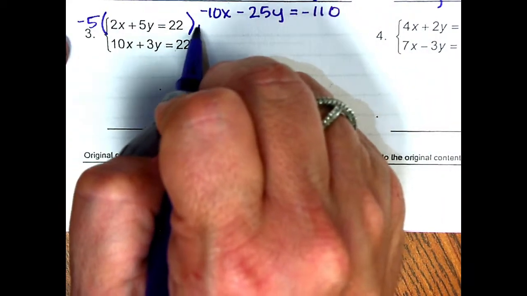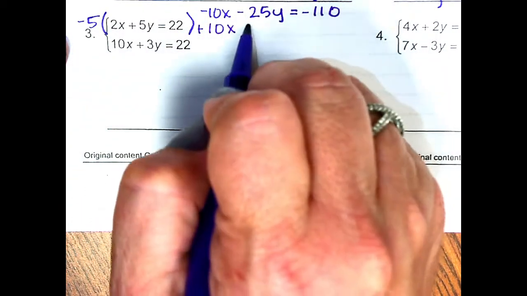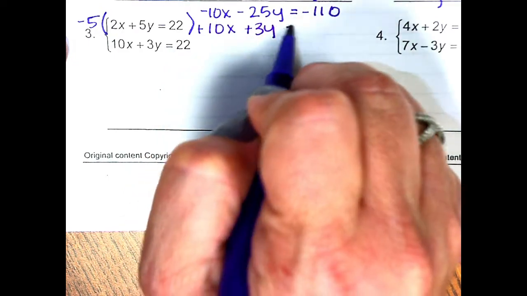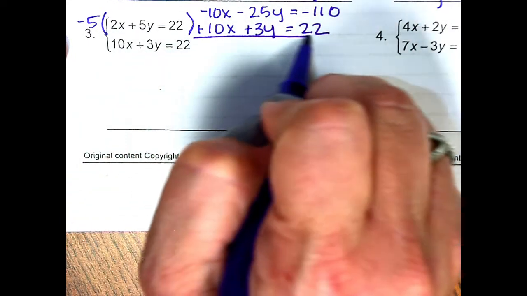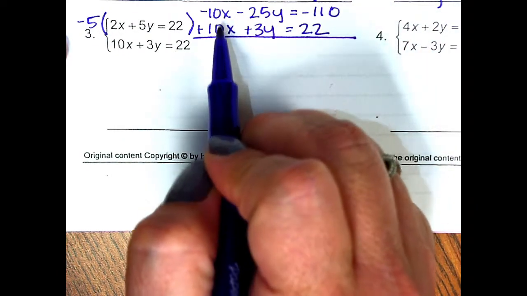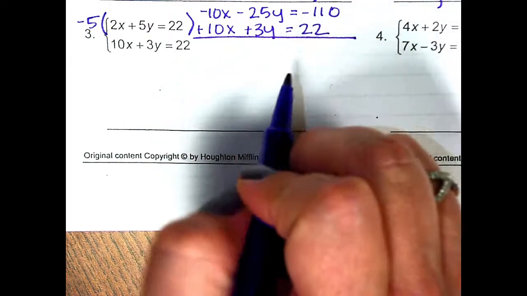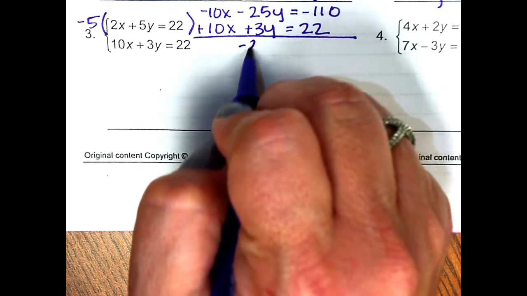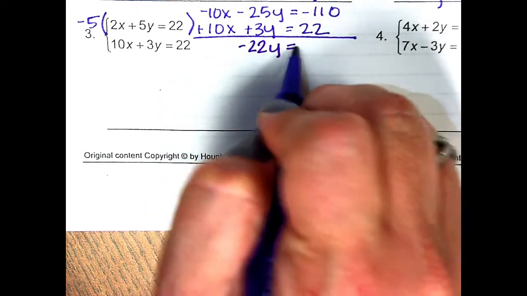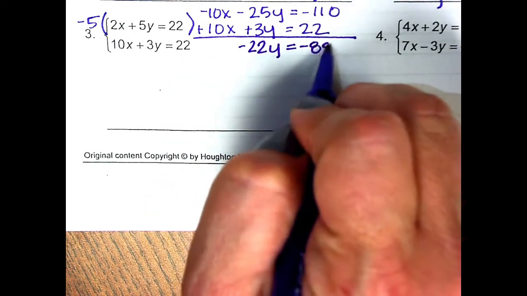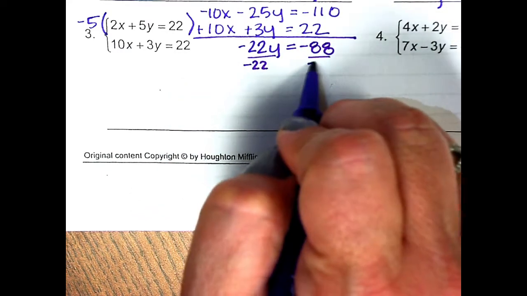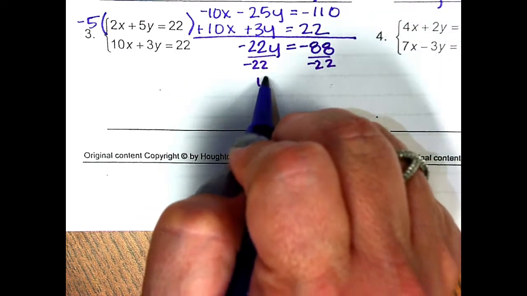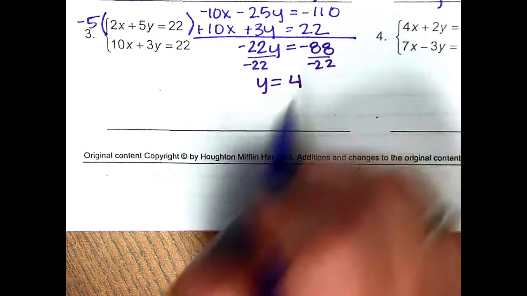And then 10x plus 3y equals 22. Okay, the negative 10x and the 10x cancel. So I have negative 22y equals negative 88. Divide by negative 22, and y equals 4.